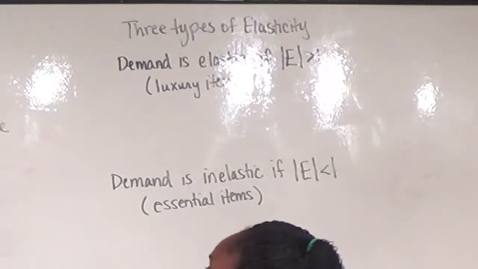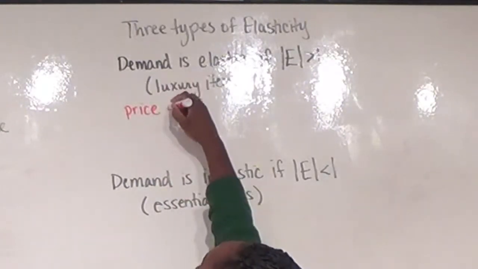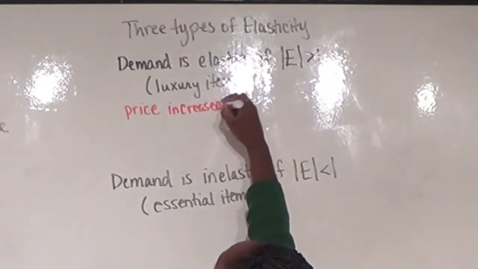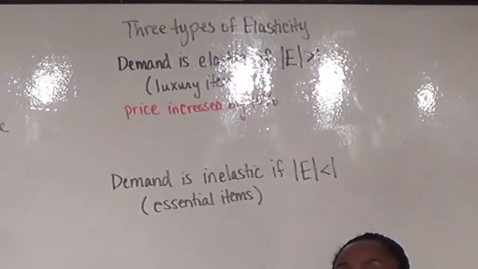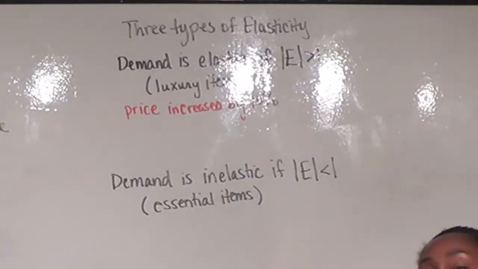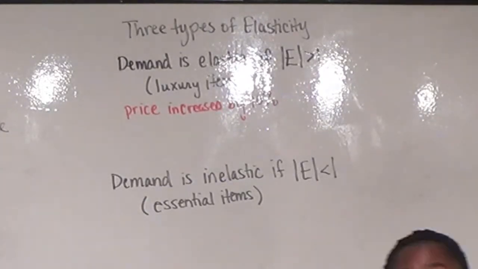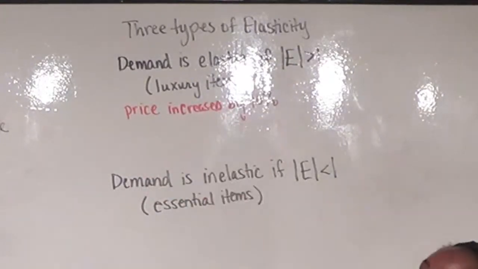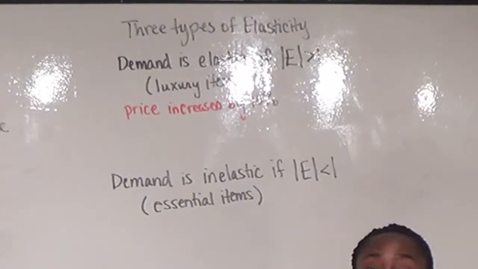And so to give you an example of this, if the price for an item increases by 10%, then what happens to the demand is usually you will see less of an increase.